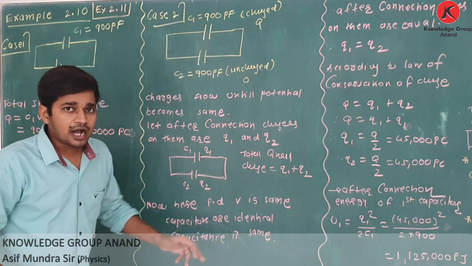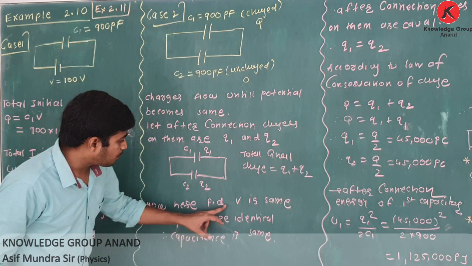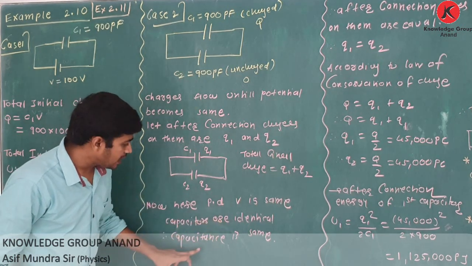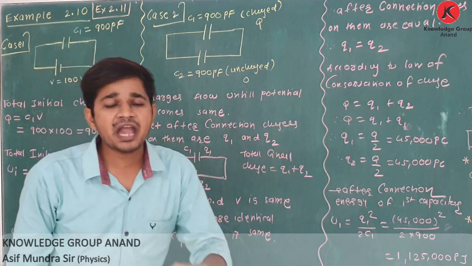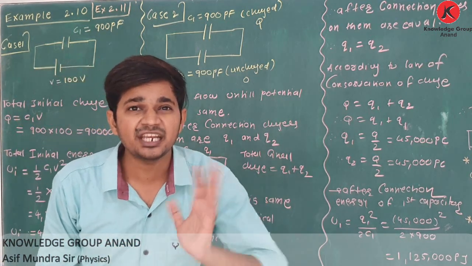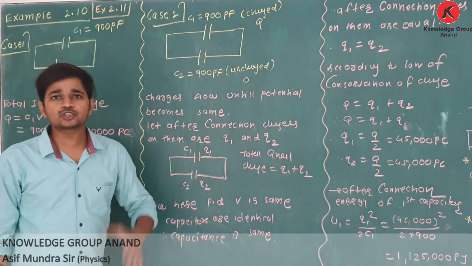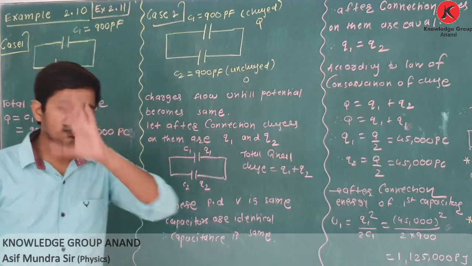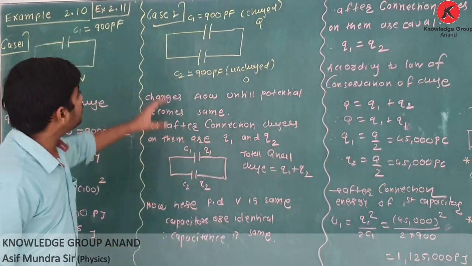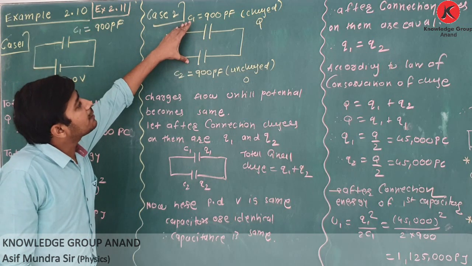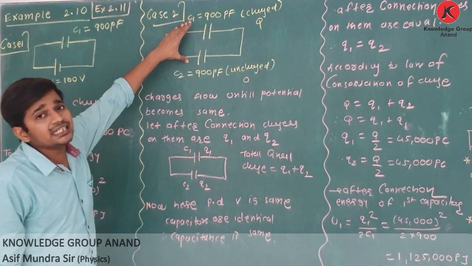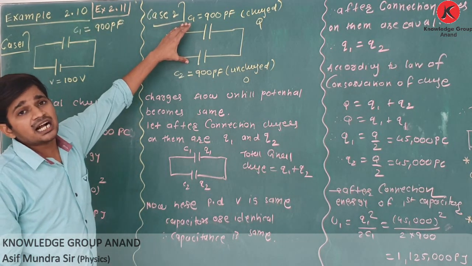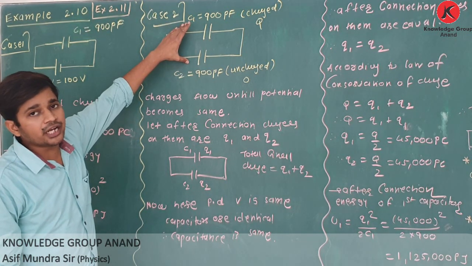So out of three variables, potential V is the same and capacitance C is the same, which means the charges on them are also equal. How to remember simply: when you have two identical capacitors, the charge is equally distributed on them.